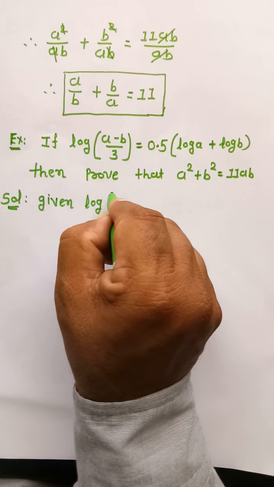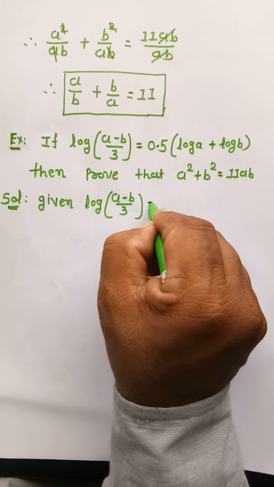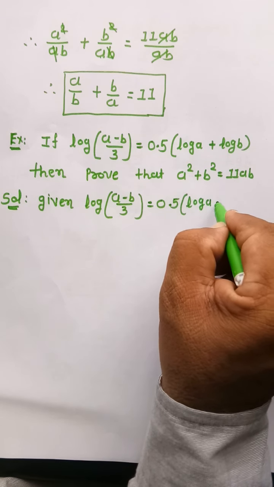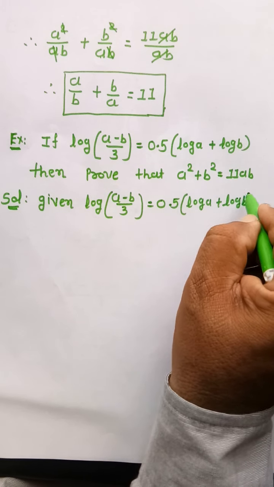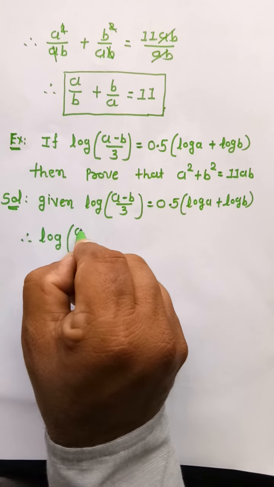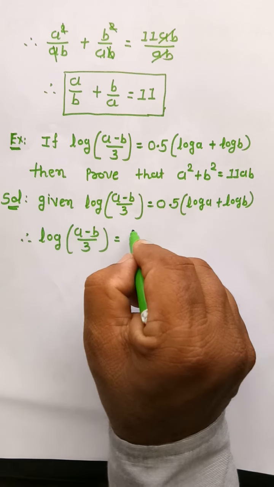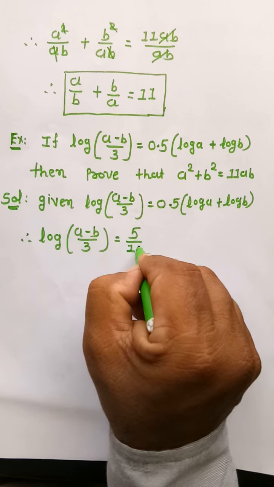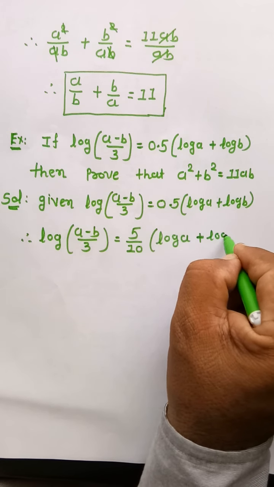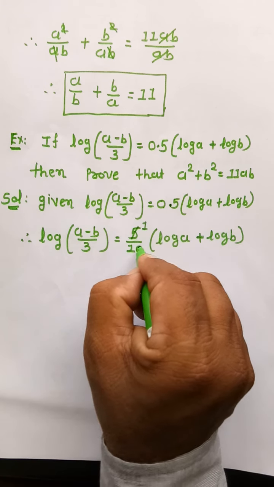So log (a minus b) by 3 is equal to, now first 0.5 is 5 by 10, brackets mein log a plus log b, because point is removed, then 5 by 10, 5 ones are 5 and 5 twos are 10.